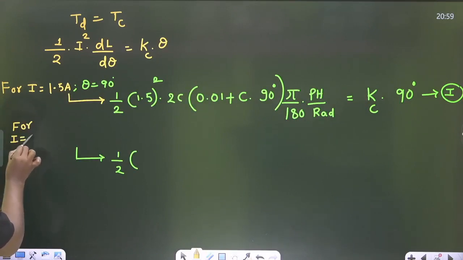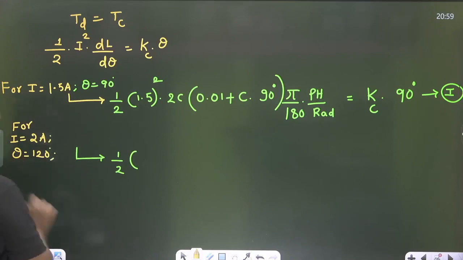For I is equal to 2 amperes, the theta is equal to 120 degrees, given in the question.